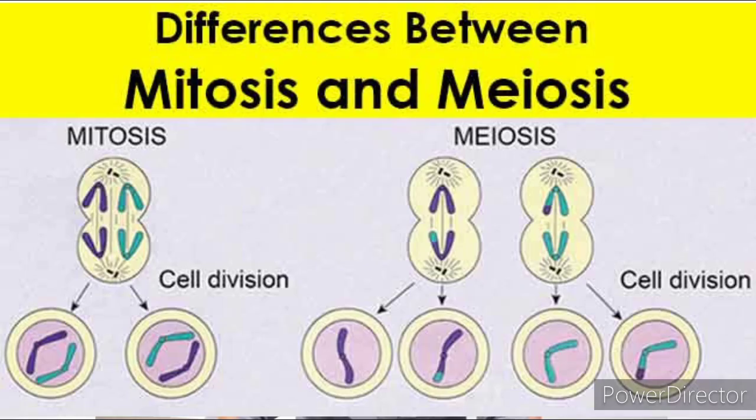Cell division from a mother cell to daughter cells can give 2 daughter cells or 4 daughter cells, as discussed in the 10th class of biology. It is divided into mitosis, where cell division gives rise to 2 daughter cells, and meiosis, where it gives 4 daughter cells.